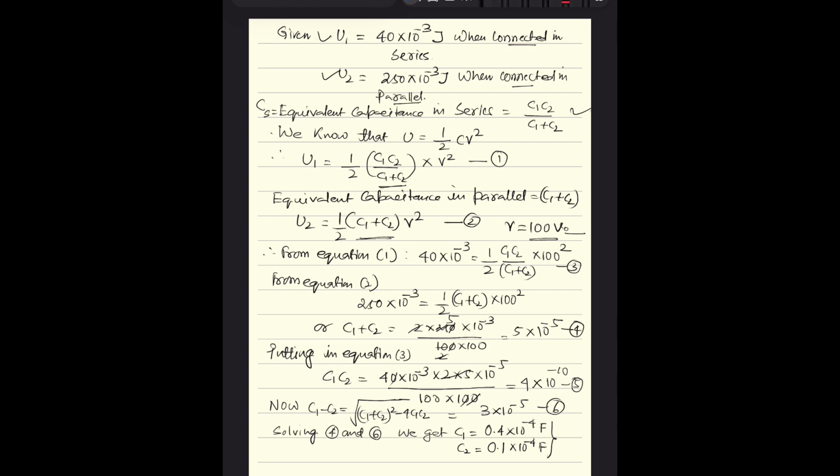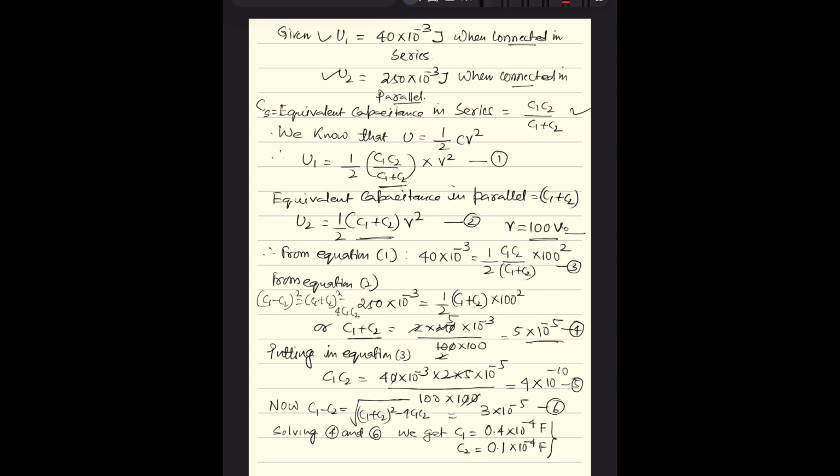So let us put the values of the energies. Now it is simply an arithmetic calculation. First of all, we find C1 plus C2 from this. Then from the other expression, putting the value of C1 plus C2, we find C1 C2. There are two variables, C1 and C2, and two equations. So how to find them? We know that C1 minus C2 whole square equals C1 plus C2 whole square minus 4 C1 C2, correct?